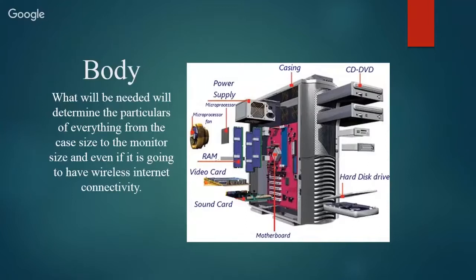Your processor, I prefer Intel's Core series, and you want to make sure you have enough RAM, at least 16 gigs. If you're going to be doing any kind of data mining, numbers, or data crunching, you're going to want to have 32 gigs of RAM. Just get it.